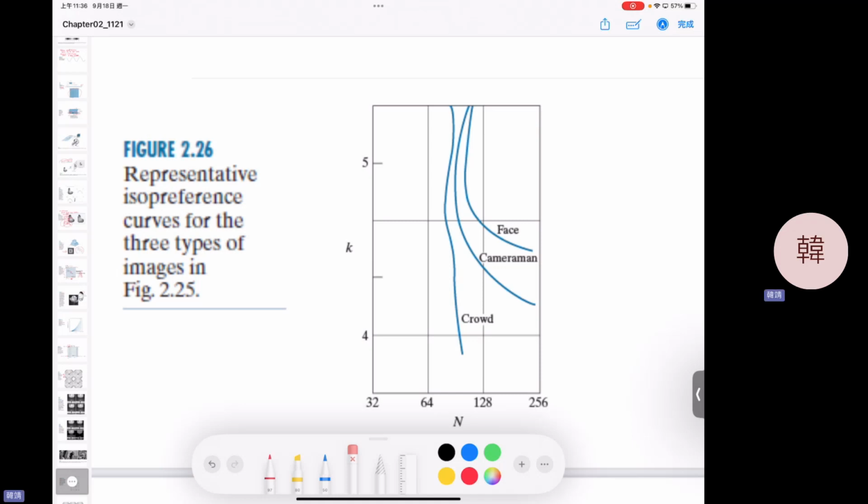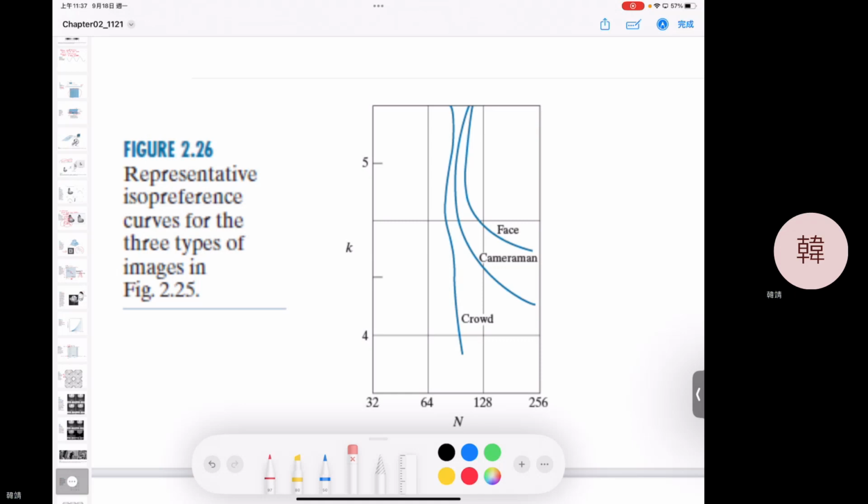To me, when the content of the image is very complex, it doesn't matter when you change the gray level resolution. You cannot see the difference. It's very complex detail, a complex image inside. Doesn't matter.